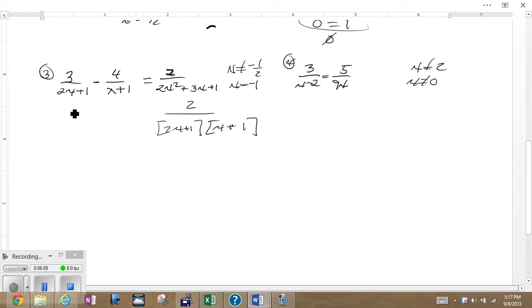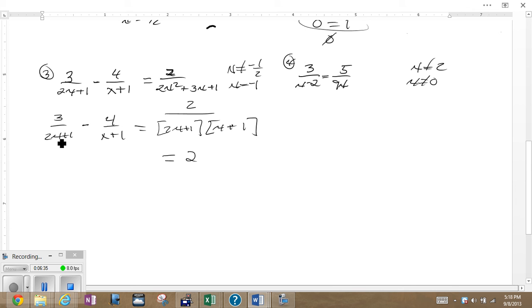So there it is, and in fact that is the common denominator. So what we're going to do is multiply both sides by that common denominator. Obviously on the right side, when multiplying by that, we're just going to be left with the numerator of 2.